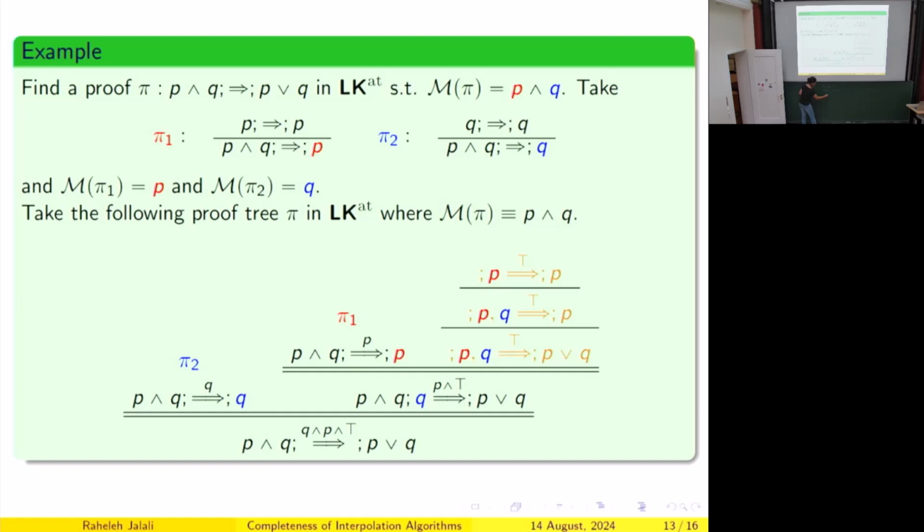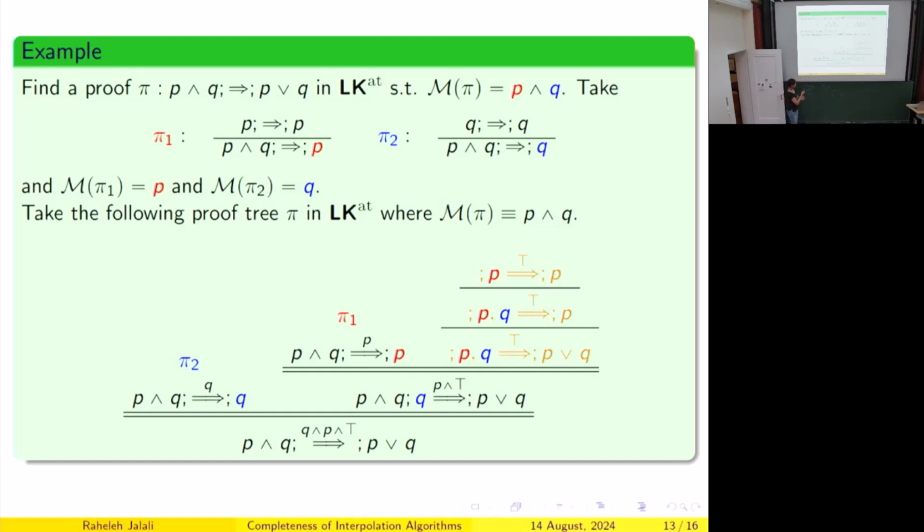Let's call them C1 up to Cn. Since C is an interpolant, A implies C is valid and C implies B is valid. Since A implies C is valid, A implies any of these Ci's is also valid.